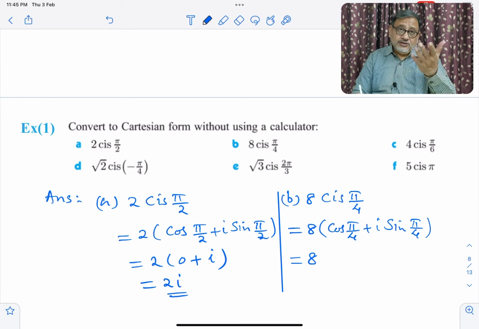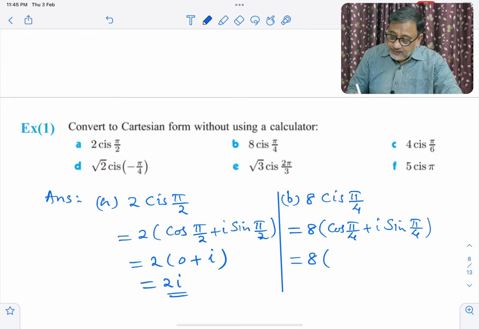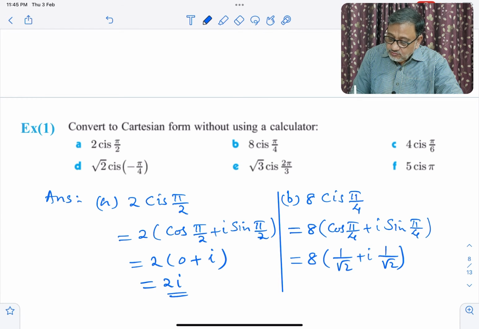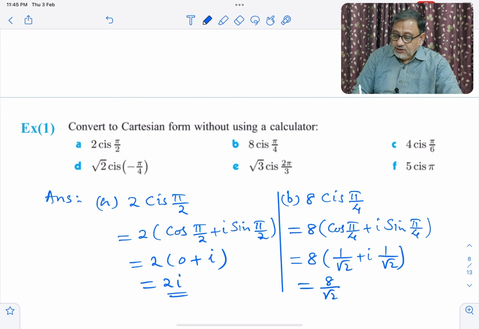So 8 into cos pi by 4, 1 by root 2, sin pi by 4 is also 1 by root 2. So this complex number will be 8 by root 2 plus i 8 by root 2.